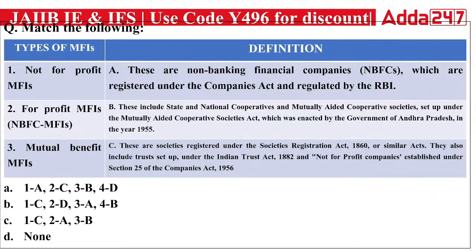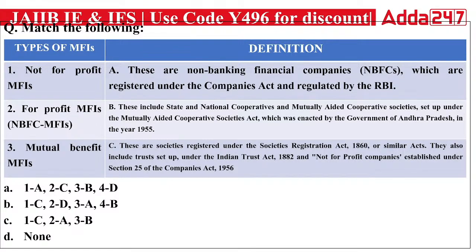Now the next question, we again have a match the following, that is, types of microfinance institutions. There are three types of microfinance: not for profit, for profit, and mutual benefit. Out of these, these will be matched. The first is saying there are non-banking financial companies which are registered under the Companies Act and regulated by RBI.